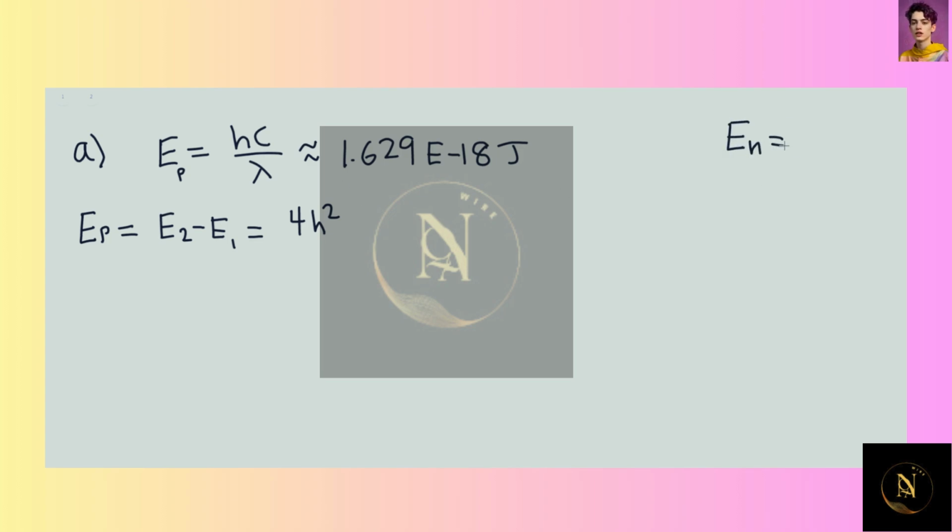Energy levels are given by n squared h squared over 8 m L squared. That h needs to be squared. So we have 4h squared over 8mL squared minus, for n equals 1, just h squared over 8mL squared, which gives us 3h squared over 8mL squared.